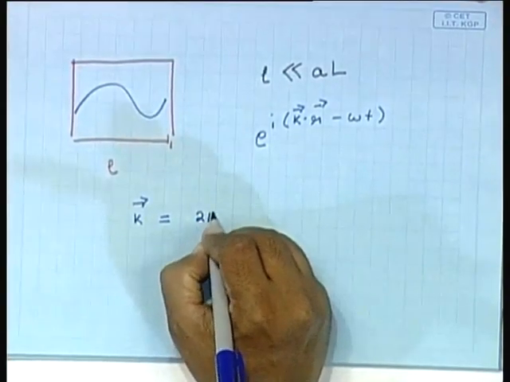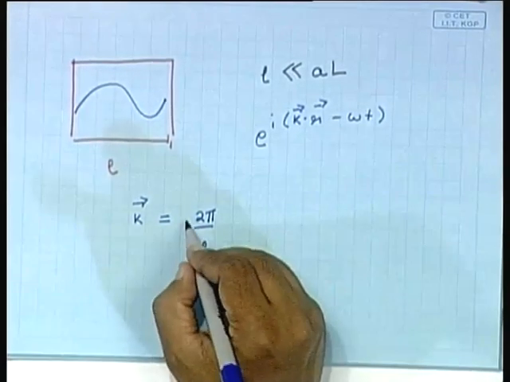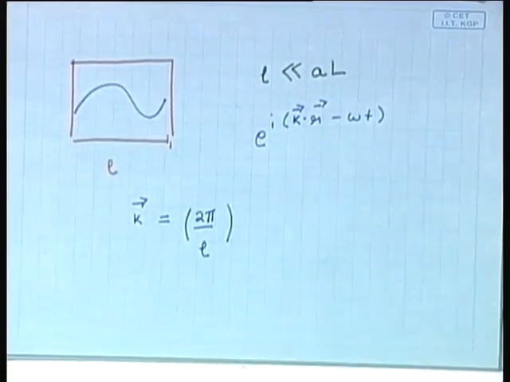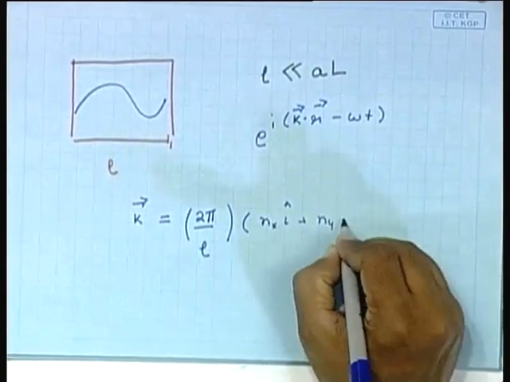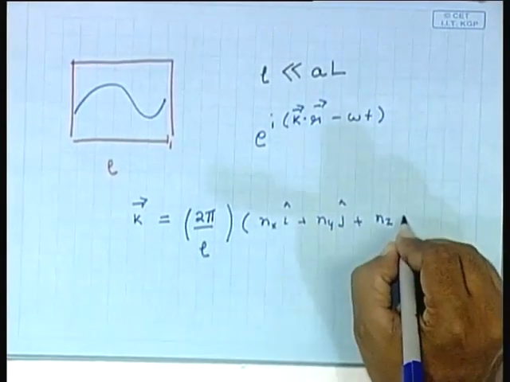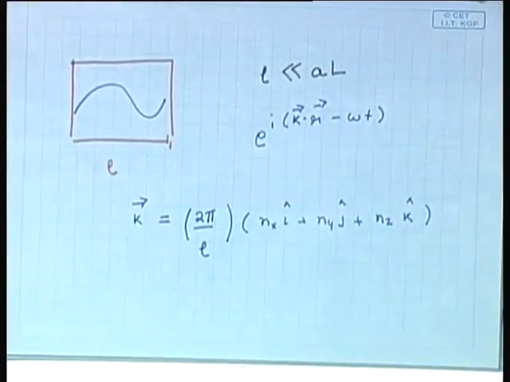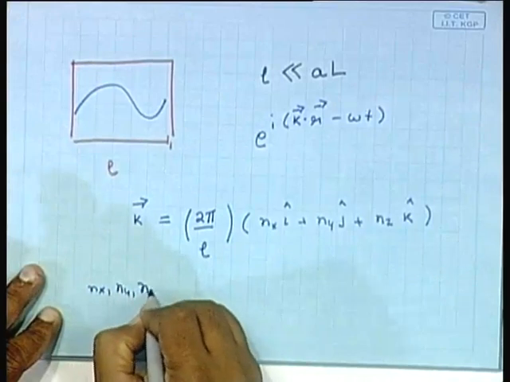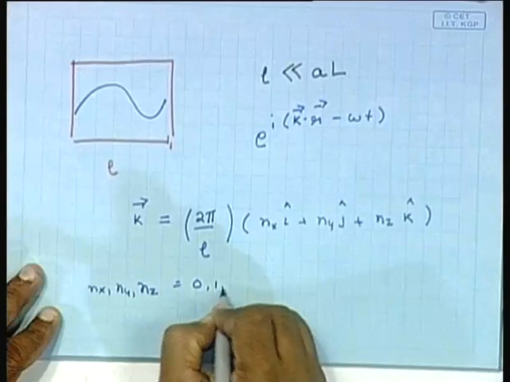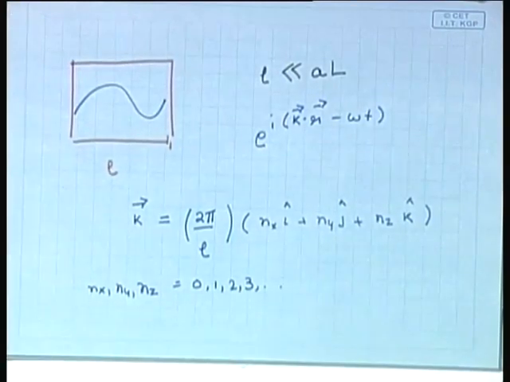The allowed modes have to be integer multiples of 2 pi by L. If I have a wave only along the x axis, it will be 2 pi by L. There are 3 independent directions, so in general k is 2 pi by L times n_x i plus n_y j plus n_z k, where n_x, n_y, n_z are integers 0, 1, 2, 3, etc.